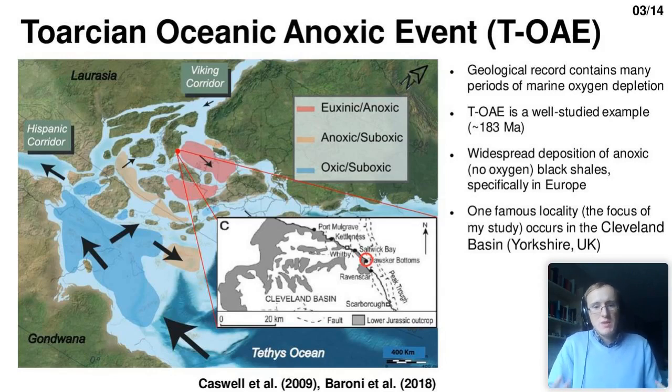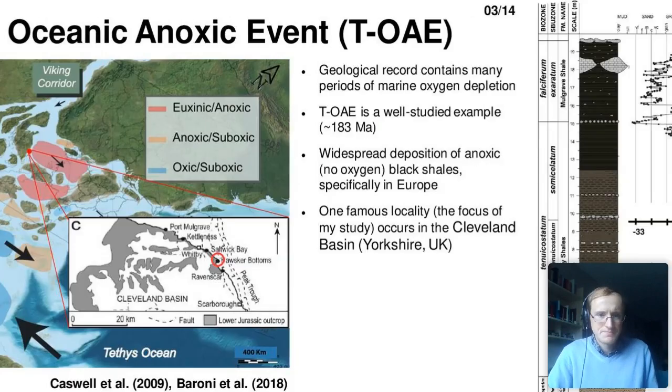Many of these subbasins became anoxic and developed vast accumulations of anoxic black shales. One famous locality is the Cleveland Basin in Yorkshire, UK, which is the focus of my study. My samples in particular come from a locality called Hawsker Bottoms, just north of Robin Hood's Bay.